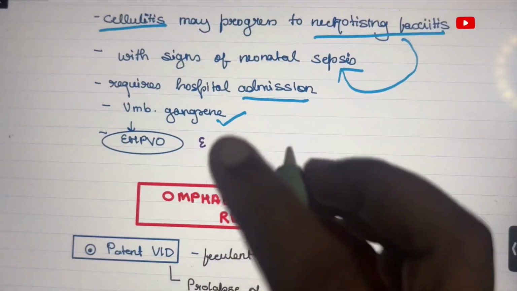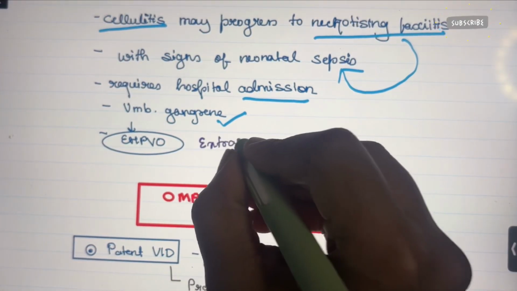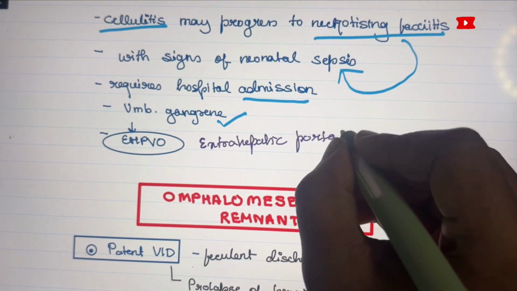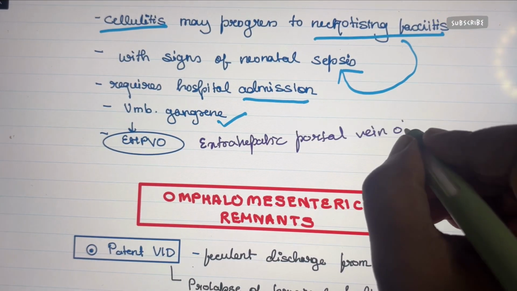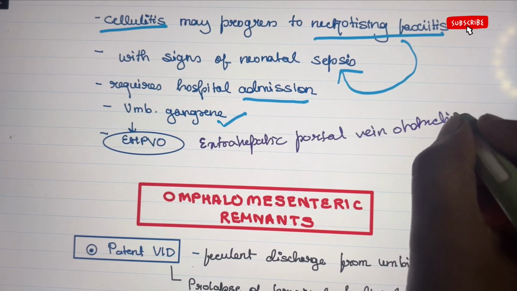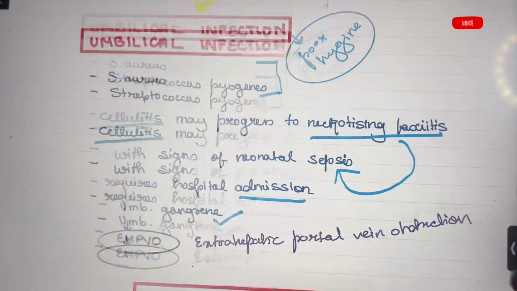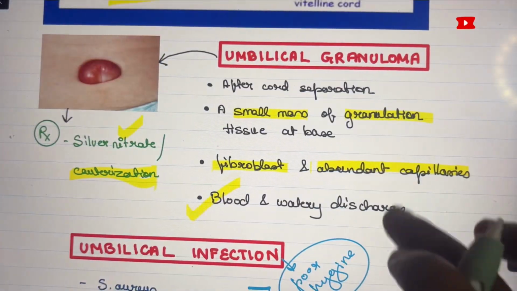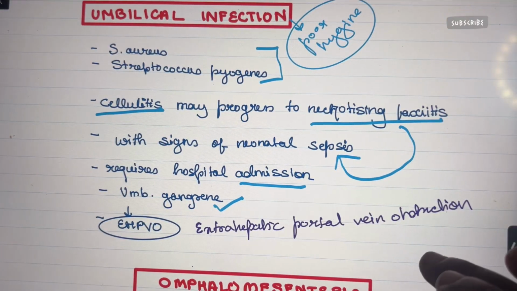What is EHPVO? EHPVO is extrahepatic portal vein obstruction. So these are the two acquired conditions of umbilical abnormality: the umbilical granuloma and the umbilical infection.